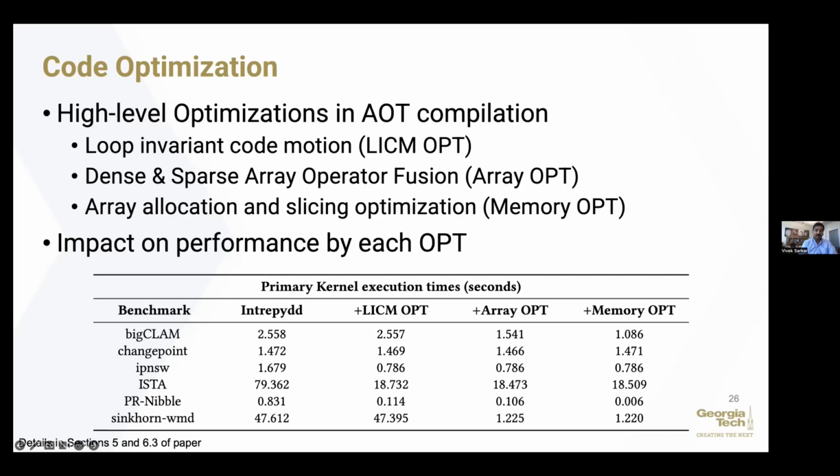Likewise, the array optimization had a very significant benefit for Synchron, going from 47 seconds to 1.225. And the memory optimization also had some significant benefit, like for PR Nibble, going from 0.1 second to effectively 6 milliseconds. So these three are very synergistic and work well with each other.